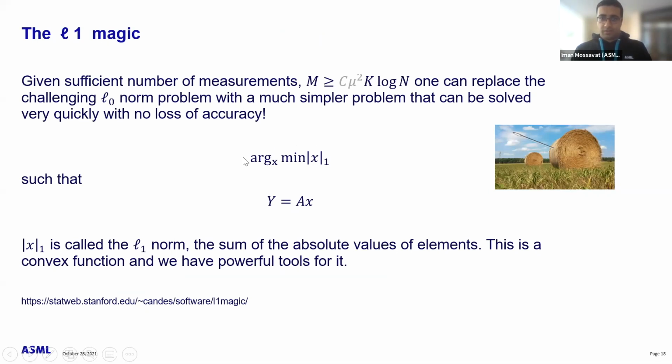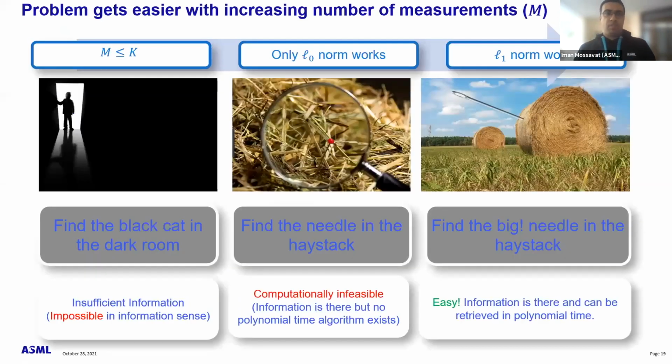So you have to solve this L1 problem subject to your linear constraints that are coming from measurement. And this is also finding a needle in the haystack, it's just the needle is much bigger. So now you have a convex problem, and these problems can be solved in polynomial time. And there are very powerful tools for it, and there are lots of proofs of convergence and very, very beautiful theory. So this really started the field. Now, an overview again.